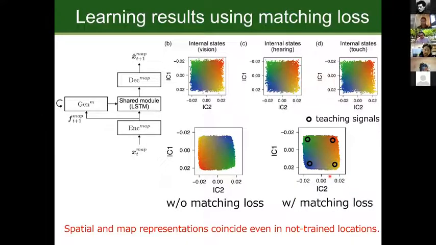So in this case, I don't know if it's related to motion sickness, but the representation created by the map prediction is not consistent with the representation created by the physical sensors.